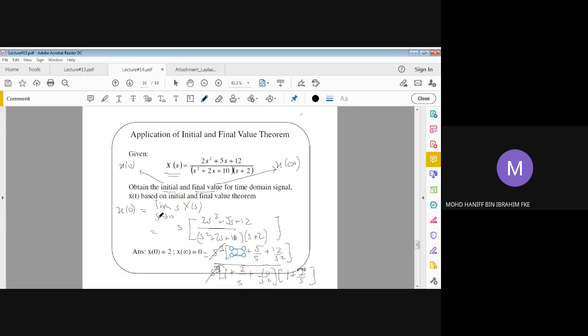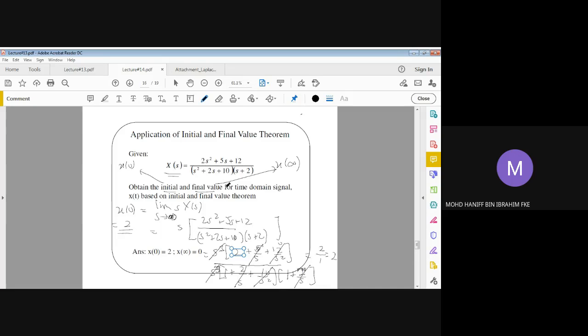Now we can put the limit. Sorry, not s approaching 0, I apologize, s is approaching infinity. So we substitute all the s terms to be infinite, and all of these terms will be 0. We are left only with 2 divided by 1, which equals 2. Which means that x0 is equal to 2.